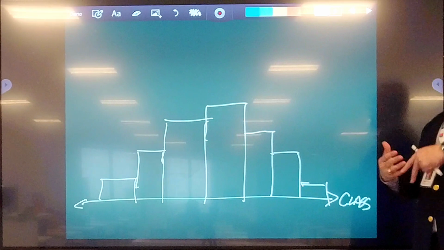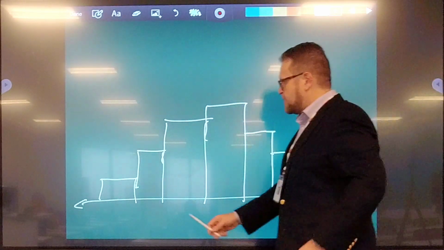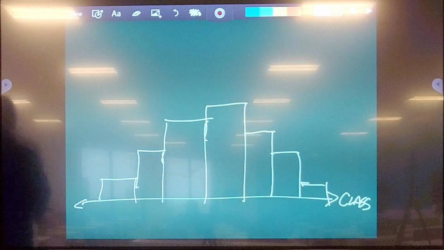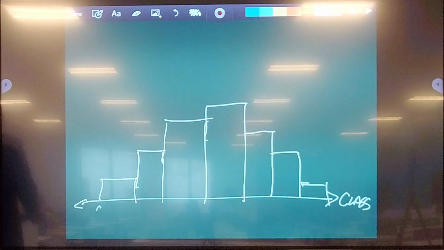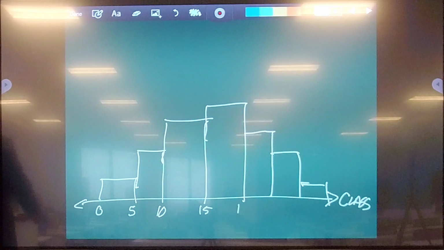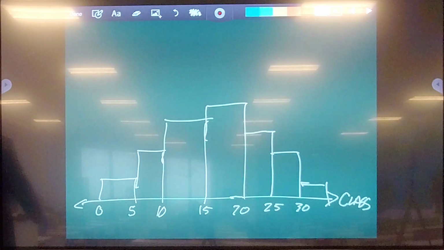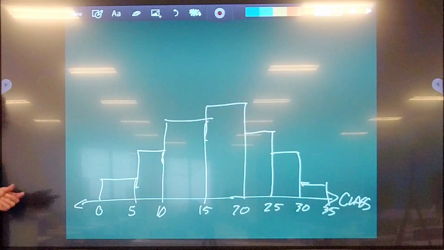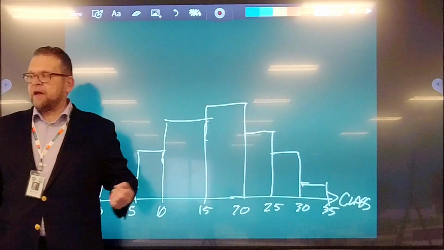Maybe this is your commute time to work, right? That's measured in time, so it's continuous, just like the real number line is continuous. That's why all of the bars would touch each other. Each one of the bars is a class.